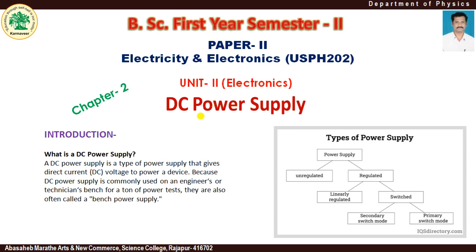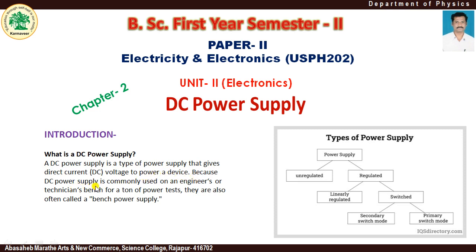So what is a DC power supply? You can see the meaning of the DC power supply on the screen. A DC power supply is a type of power supply that gives DC voltage so that a device can be powered.